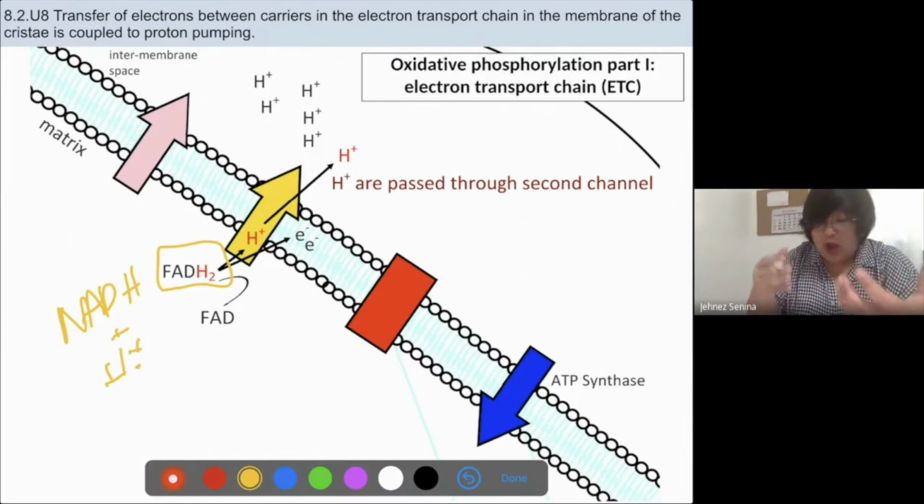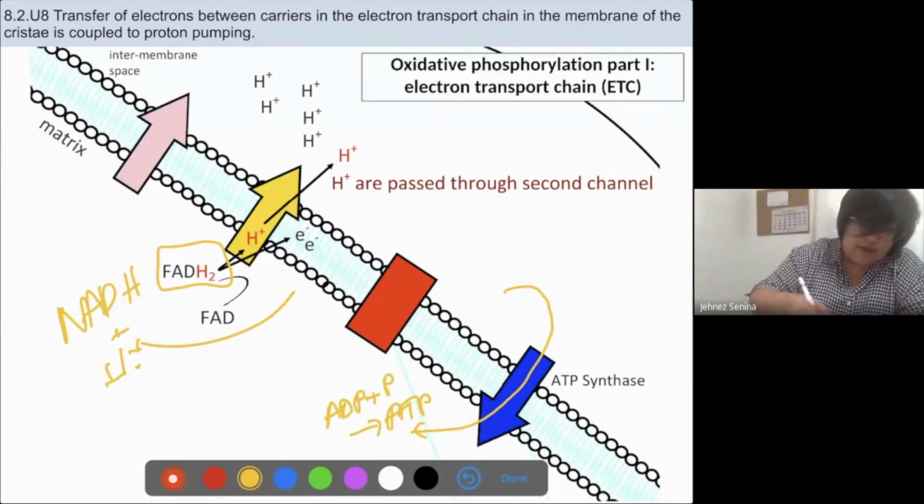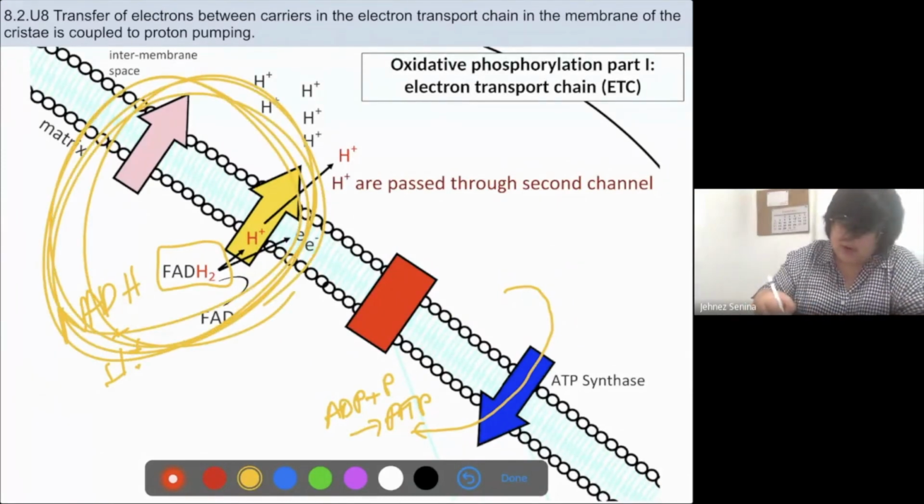Oxidative. What is phosphorylated? Right here at the end of the story, ADP is phosphorylated. It becomes ATP. That's why we call it oxidative, oxidation here, phosphorylation here at the end.